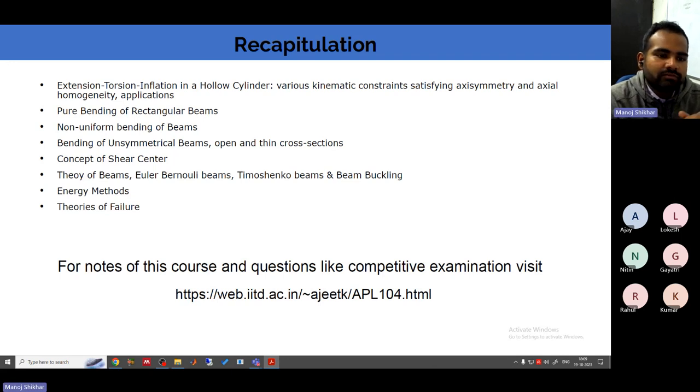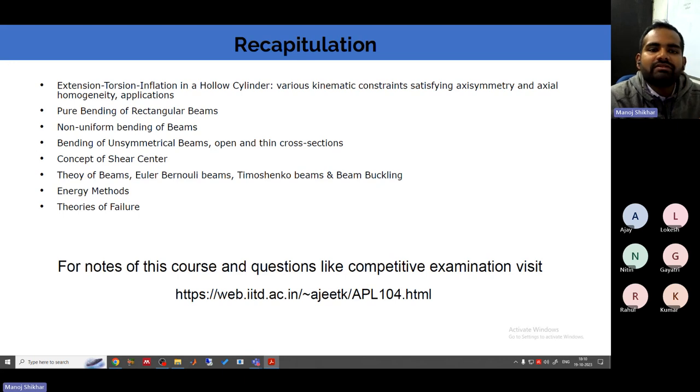If you solve those problems, you will find that similar problems or parts of those problems are asked in competitive exams like GATE or ESE, or any other examination you are preparing for in which mechanical engineering is a subject. Even in civil engineering, this subject, solid mechanics, is taught, and in mining engineering also.